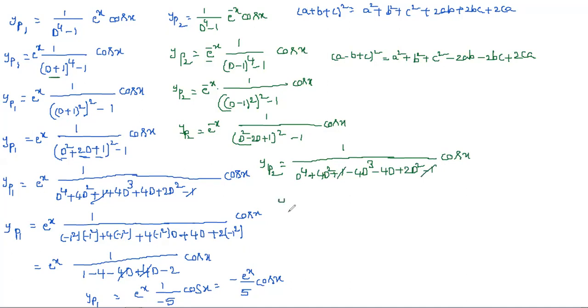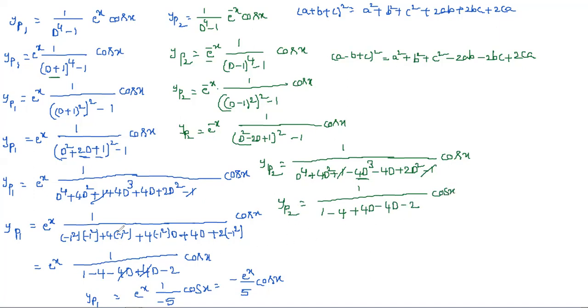And yp2 is equal to 1 by D power 4, I'm substituting directly. If you substitute minus 1 square into minus 1 square, what will we get? 1. And this is minus 4, and we get plus 4D and minus 4D, and plus 2D square is nothing but minus 2 cos x. I hope you understood this one.